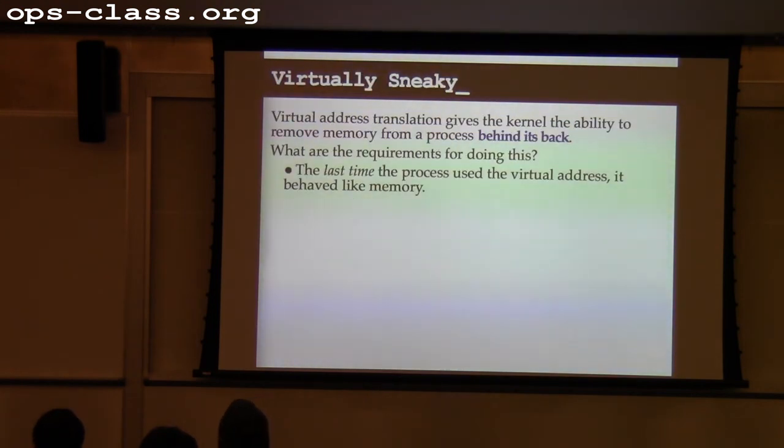And the thing that we're going to do here, right, is we're going to use the fact that I have this mapping that the kernel controls as a way of being able to trim the amount of memory that's in use by a process behind its back, right? At some point, I allowed you to use a virtual address, and I pointed it to memory, right? I gave you some memory to use, okay? And so from the perspective of the process, right, I was using that as a virtual address, and it pointed to memory, and that was great, right? I was happy.